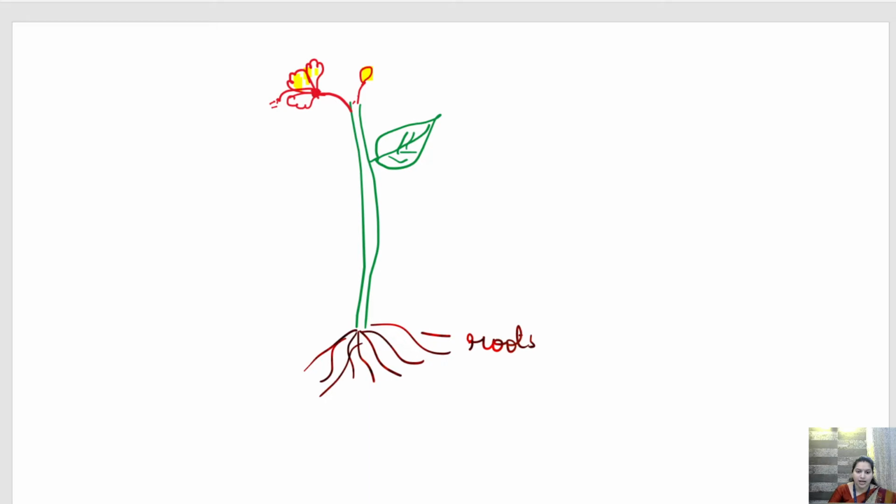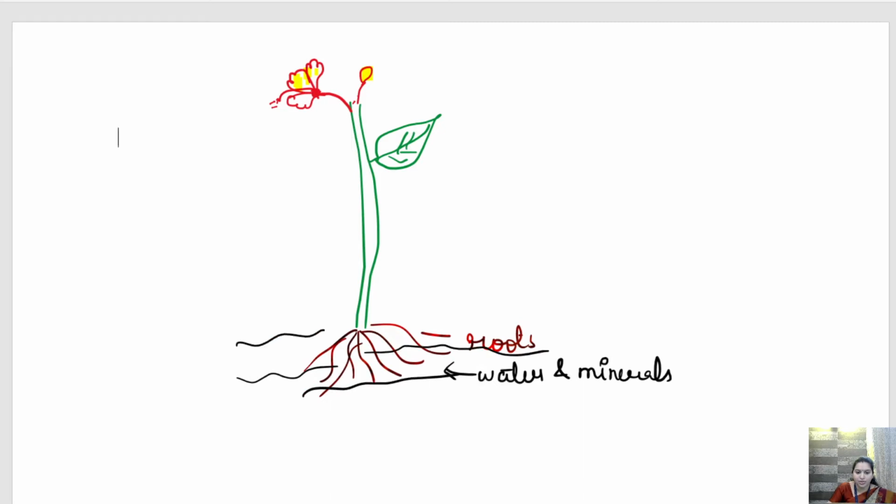So first we know that water and minerals are present in soil. It is present in soil and the root is immersed in soil. So water and minerals will be transported to the leaves and flowers and other parts of the body with the help of a stem. Clear?